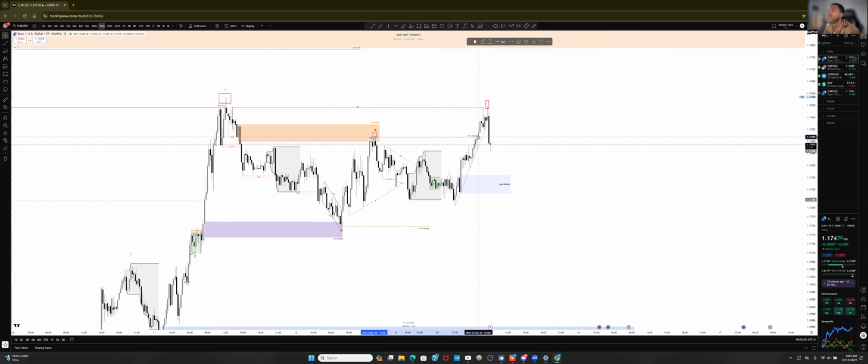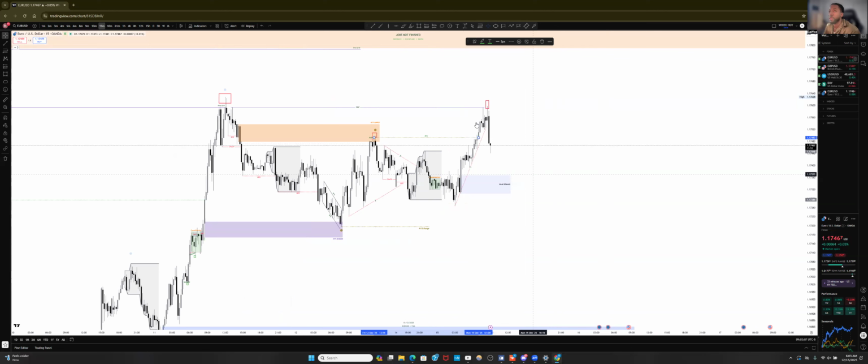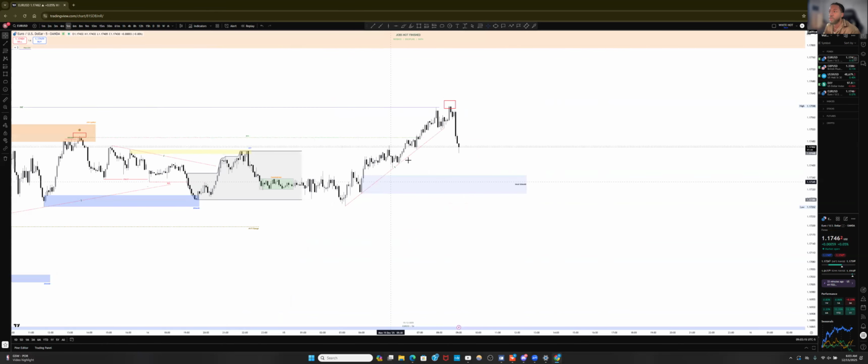It broke structure to the buy side and then induced this high. So perhaps price could react from here and take off. But being that this is a strong 5-minute trend line, I would not want to immediately take that buy.